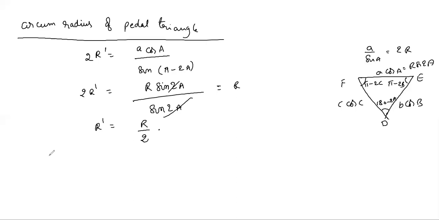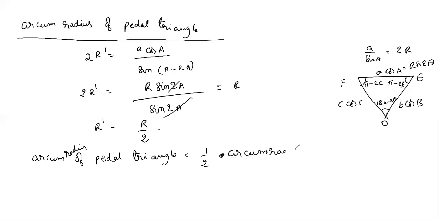So the circumradius of the pedal triangle is one half times the circumradius of triangle ABC. This is the property: for the pedal triangle corresponding to triangle ABC, we get a half.